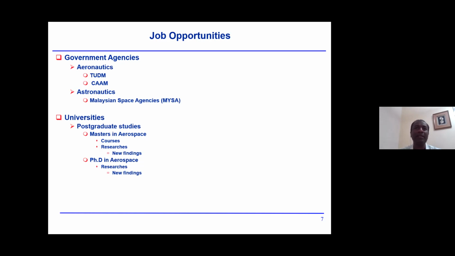I have many students working overseas, even in Singapore, but the base has always been here in Malaysia. So there is no border. When you talk about aerospace, think of it as a borderless program. You are needed, and you have to be good, so that you are needed not only in Malaysia but elsewhere.